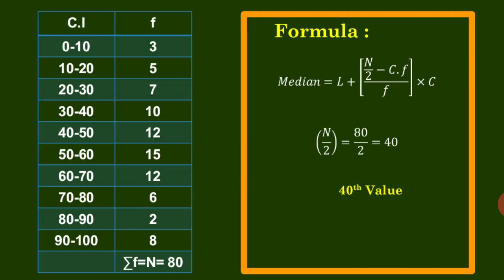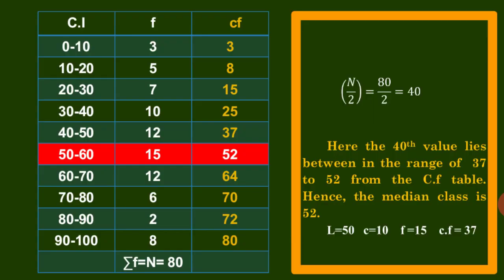Now I am introducing the cumulative frequency column in the same table. Now I am going to explain how to find the cumulative frequency values from the frequency. Here the frequency values are given. Adding the frequency values one by one will give your cumulative frequency values.